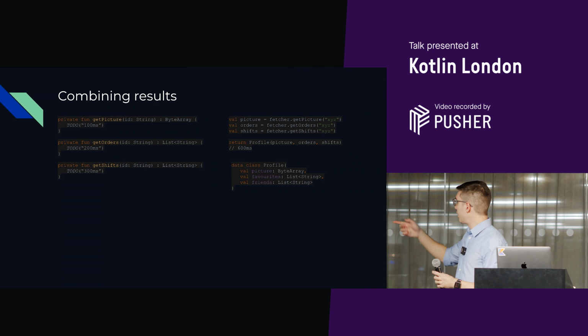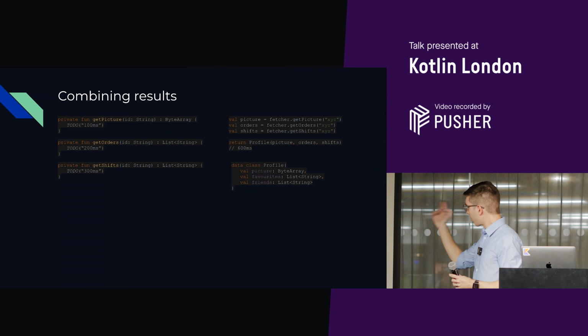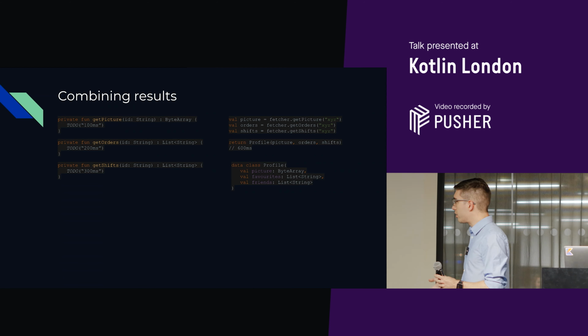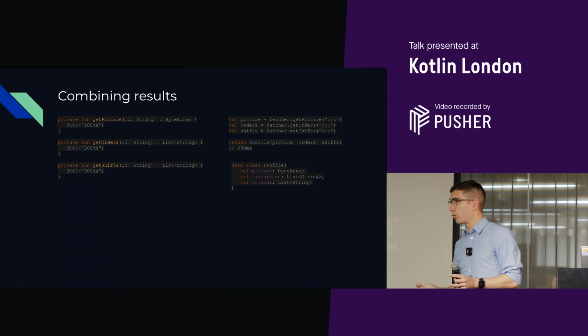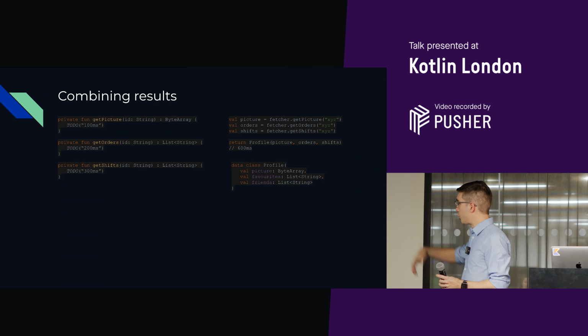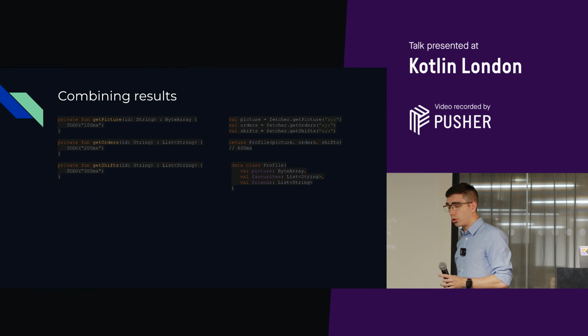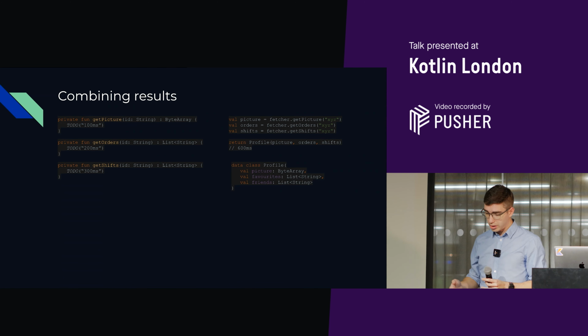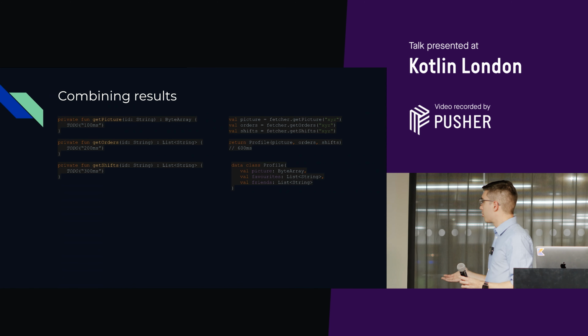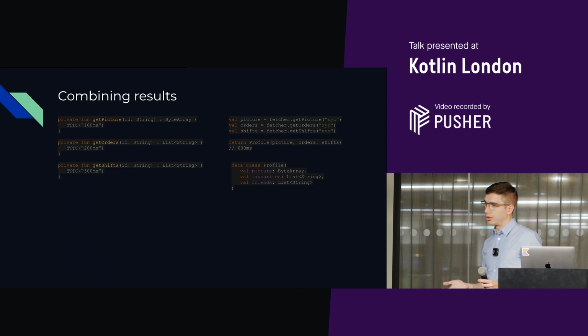And then we fetch some elements. And the problem is, if I run this code, let's say this is written in Ruby, and each endpoint is 100 milliseconds, 200 milliseconds, and 300 milliseconds, respectively. If I run this code, it will take me 600 milliseconds.